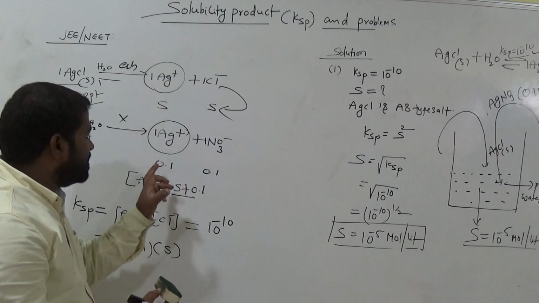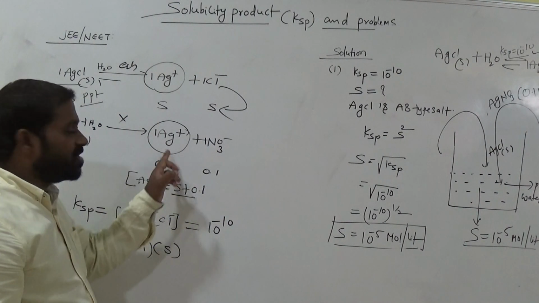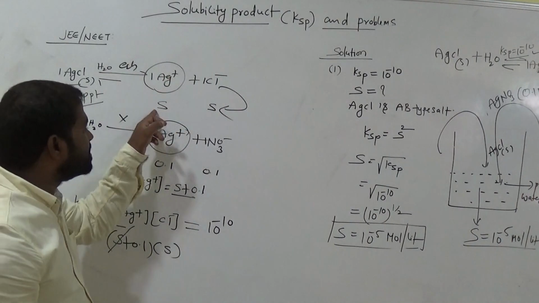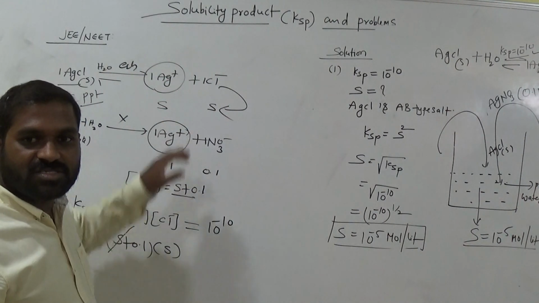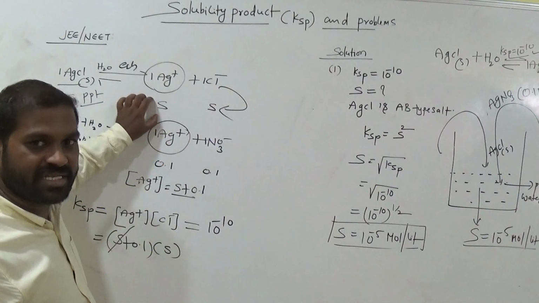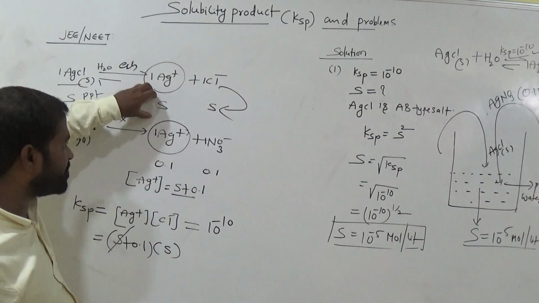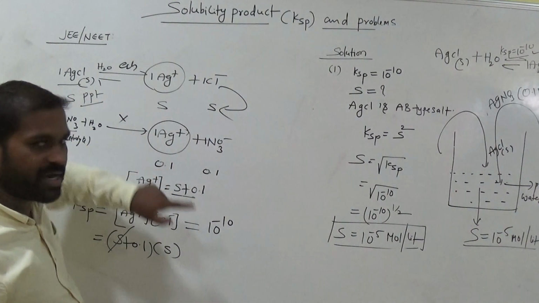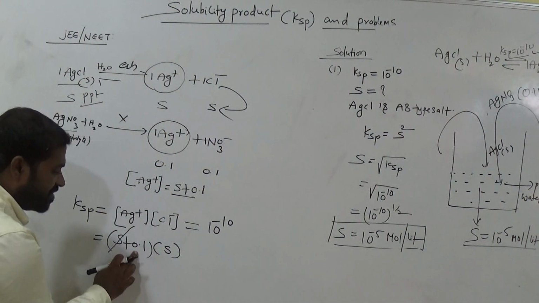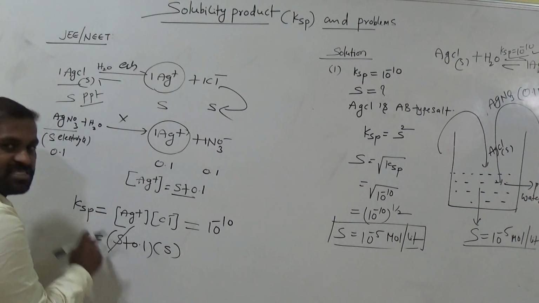But when we add AgNO3, that means 0.1 molar concentration, by the common ion effect its solubility decreases or not? Solubility decreases because it gives precipitation. Solubility decreases means S value compared with 0.1 is less or not? Less. So in this case it is negligible or not?